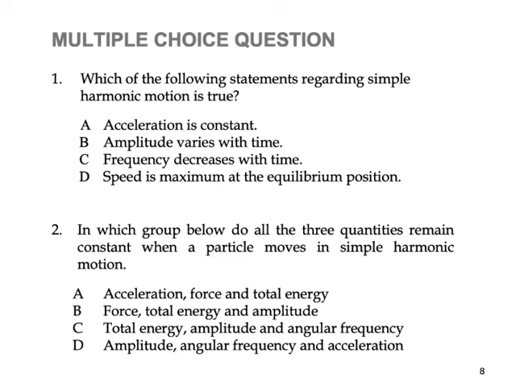Second question, in which group below do all three quantities remain constant when a particle moves in simple harmonic motion? The answer is C. The total energy, amplitude, and angular frequency remain constant when a particle moves in simple harmonic motion.